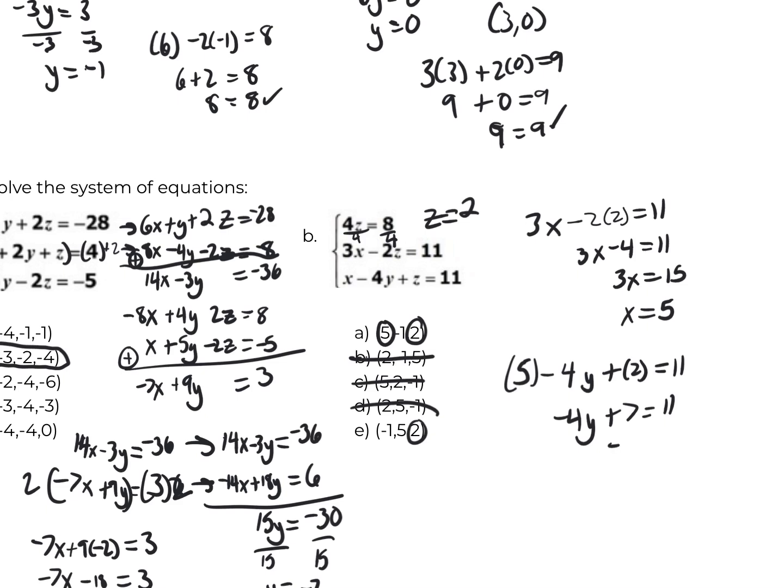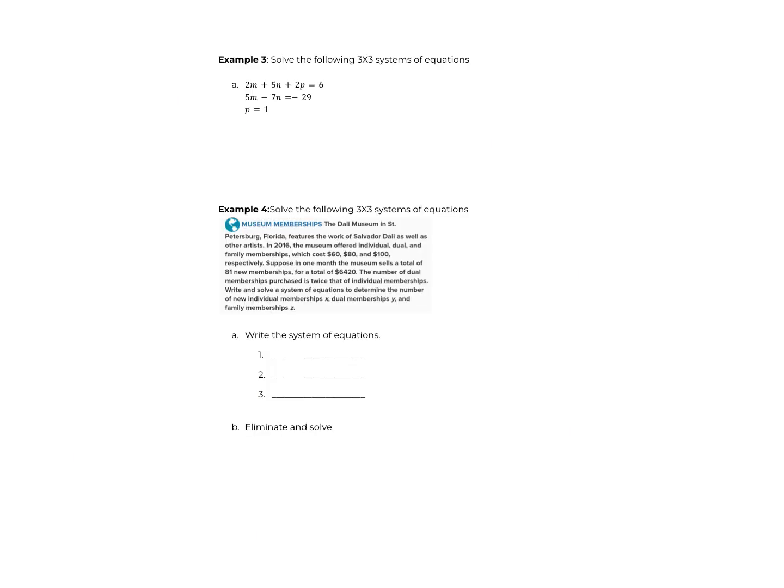So subtract 7 from both sides. 11 minus 7 is 4. Negative 4y equals 4. Divide both sides by negative 4. And y is negative 1, which we have there. So A is our answer. All right.